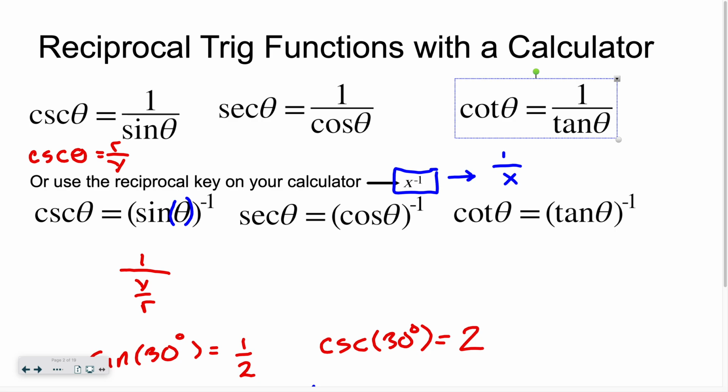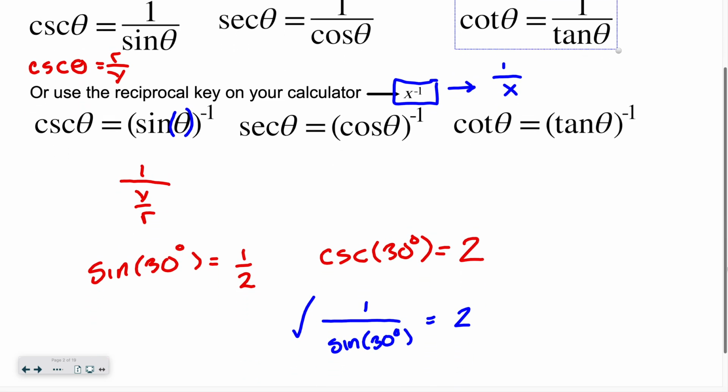So an example down here is if we had to calculate the cosecant of 30 degrees, we can't just type that into our calculator. So we're going to calculate 1 divided by the sine of 30 degrees, and that'll give us a value of 2.